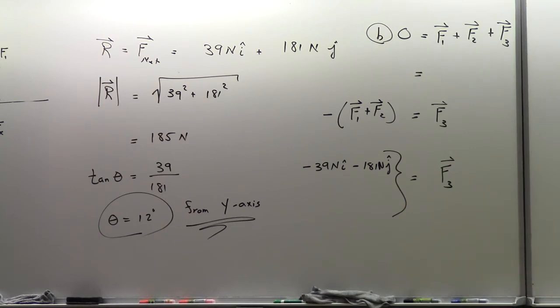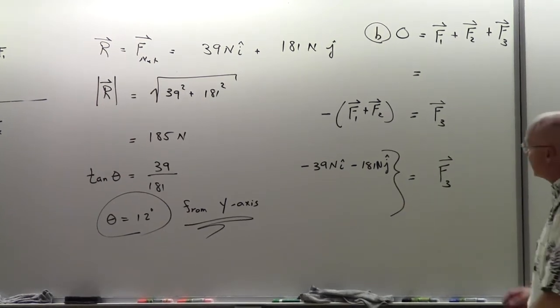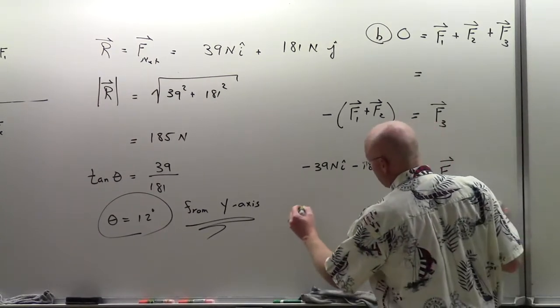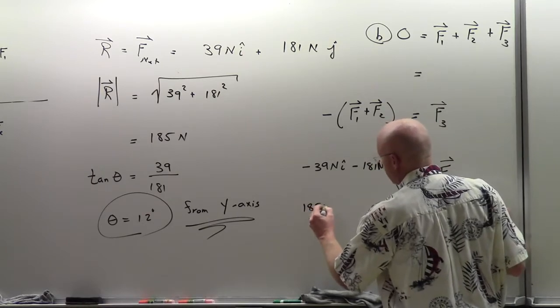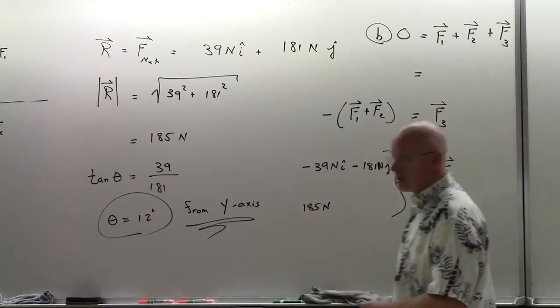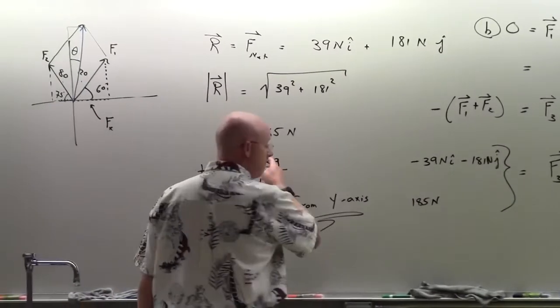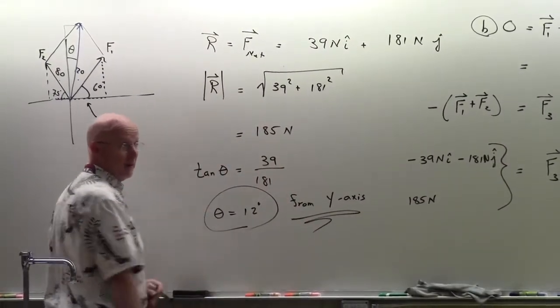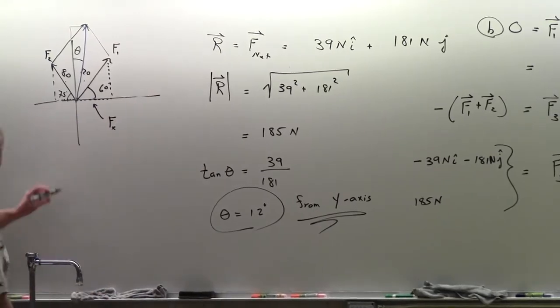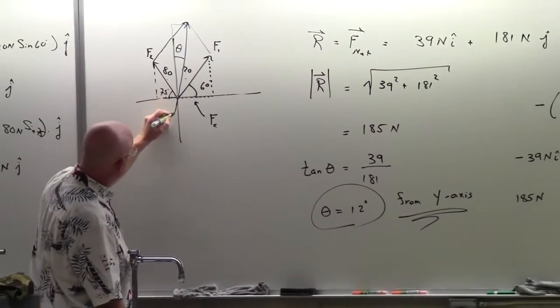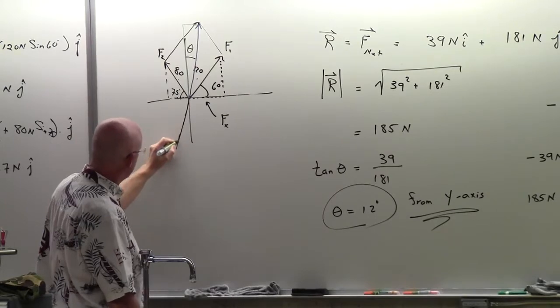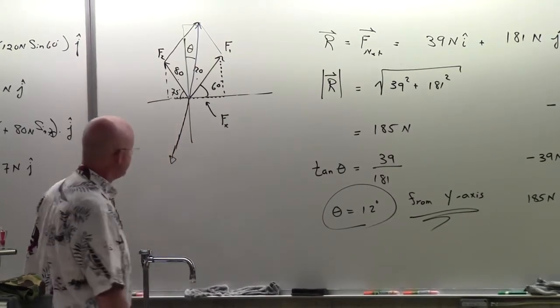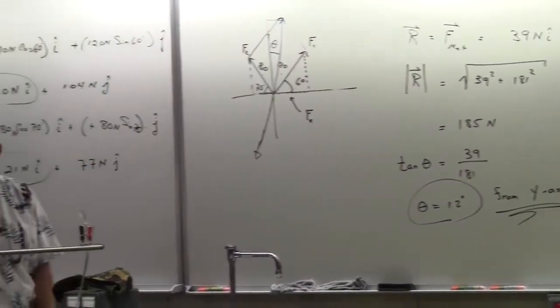So that would be the force in terms of Cartesian coordinates. In terms of polar coordinates, I would say it just needs to be the same magnitude, but opposite in direction. And so opposite of that blue line is something that looks like that.